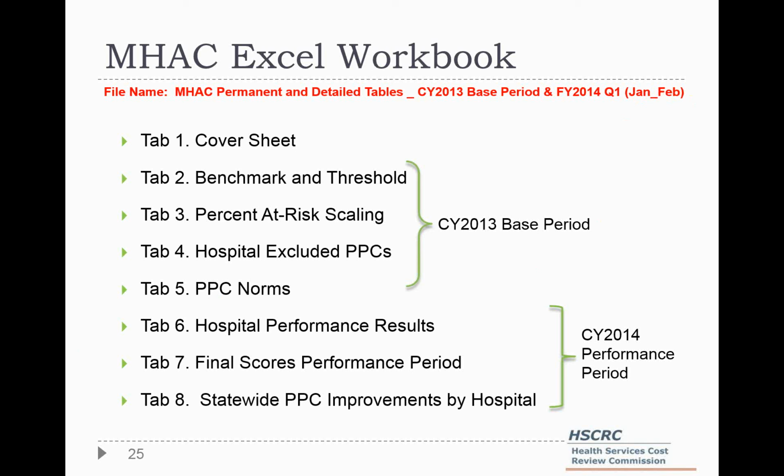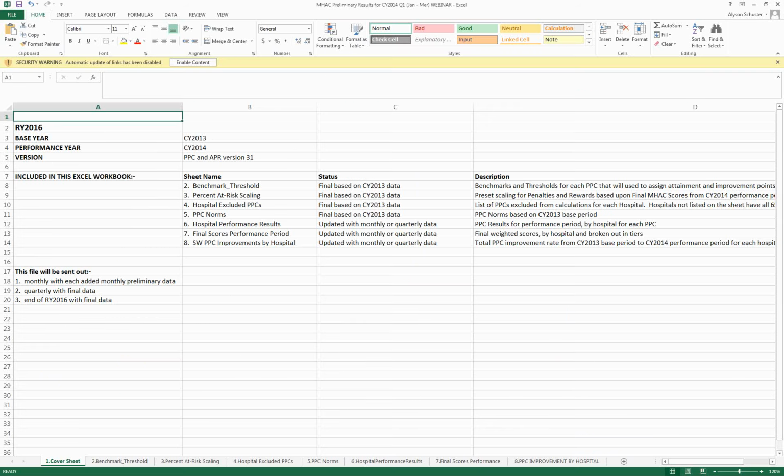However, earlier this week we sent out the March data, so I'm actually going to show that to you. So now I'm opening up the webinar. This is, again, January through March. This is the workbook you should have received from Elsa Haile earlier this week.